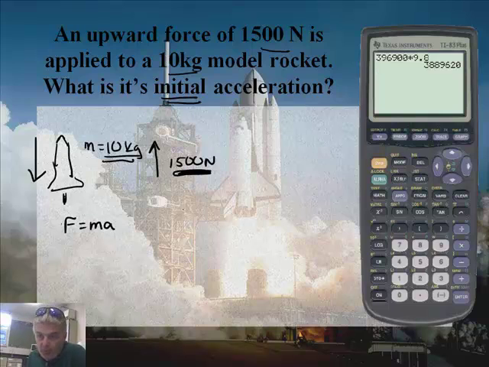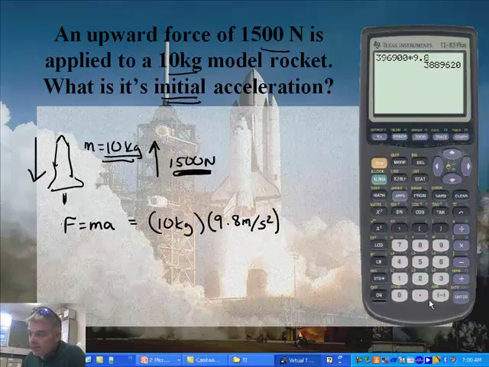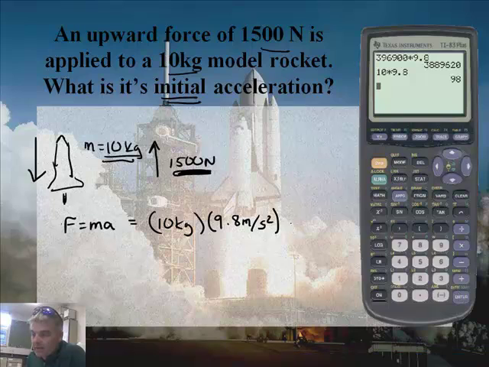The downward force would be equal to ma. The mass of this object is 10 kilograms, and the acceleration of gravity is 9.8 meters per second squared. If I go back over to my calculator, 10 times 9.8, that would be 980, isn't it? Or 98, pardon me. This is 98 newtons.